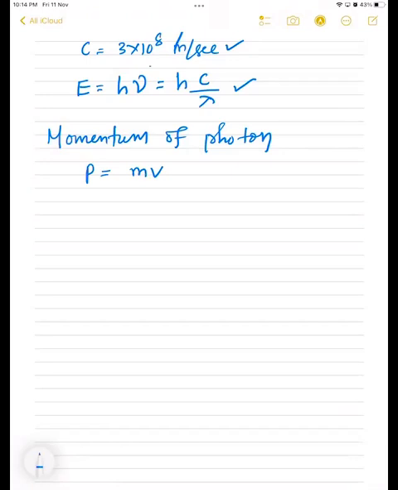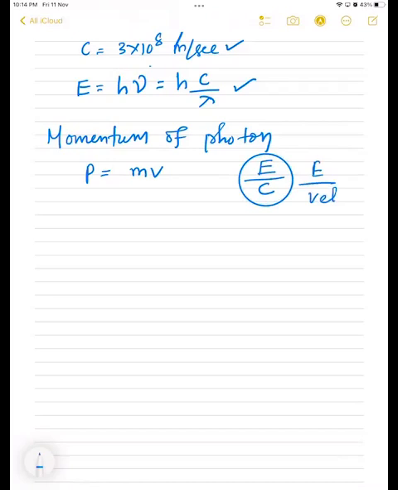Momentum is equal to mass into velocity, correct? We want to express it in terms of energy. Let's do one thing: kinetic energy, energy by velocity.